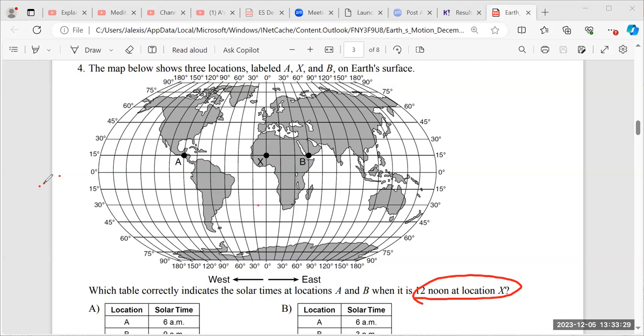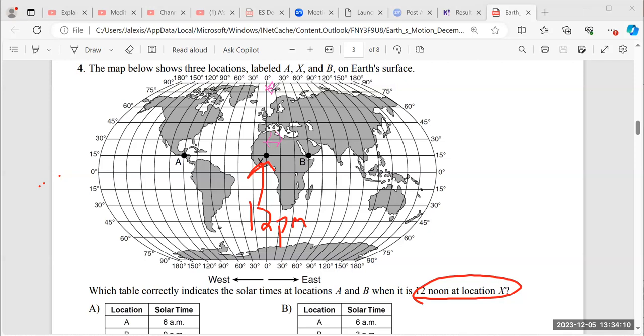So we know at location X, it is 12 p.m. That's what we do know. Now, what we also know is each box that we see here is 15 degrees wide. Because each box is 15 degrees wide horizontally, that lets us know that it's also equal to one time zone.